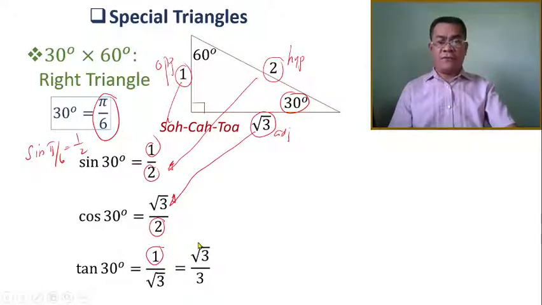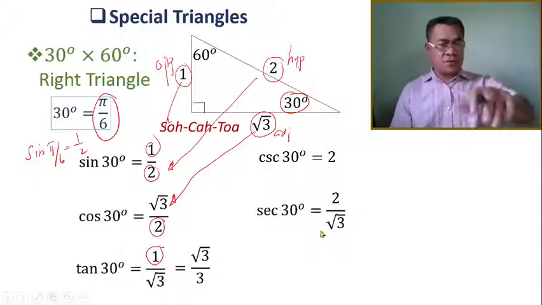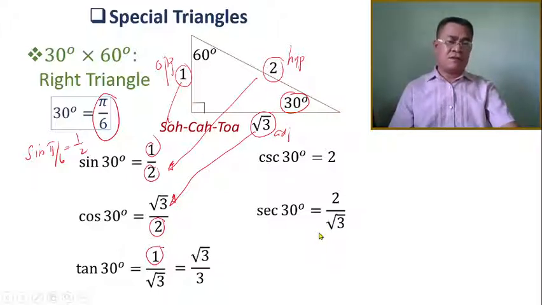So then for the secondary functions, the reciprocal of sine is cosecant, and of cosine is secant, so we have to reverse these. The 1/2 becomes 2, and the square root of 3 over 2 becomes 2 over square root of 3, because you have to reverse the fraction.